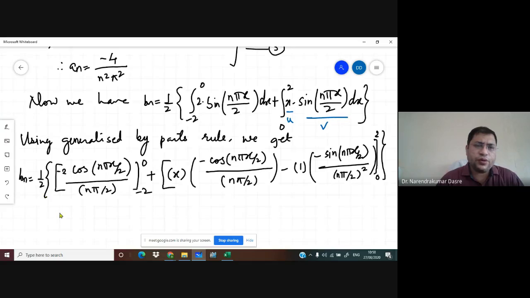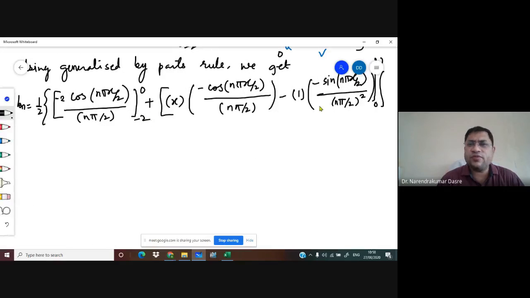Now, what we know is the sine term will vanish at both the ends, 0 and 2, since sine of n pi is equal to sine of 0 is equal to 0.